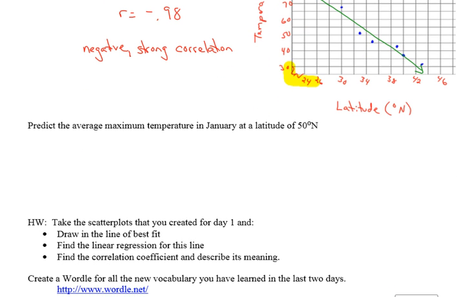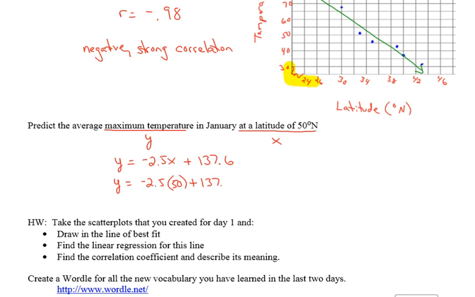Okay, now we're going to predict the average maximum temperature in January at a latitude of 50 degrees north. Now, maximum temperature, remember, is our y variable, and the latitude of 50 degrees would be our x value. So we use our linear regression, y equals negative 2.5x plus 137.6. We're looking for the maximum temperature, which is y, and we're given the latitude of 50, which is x.